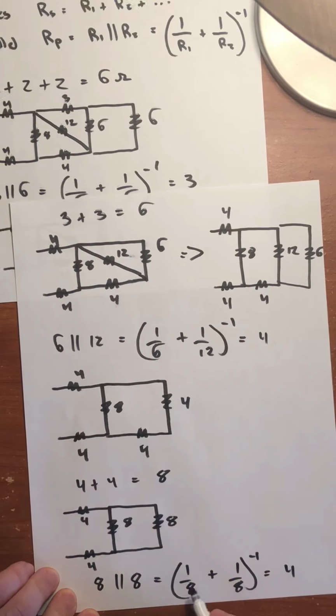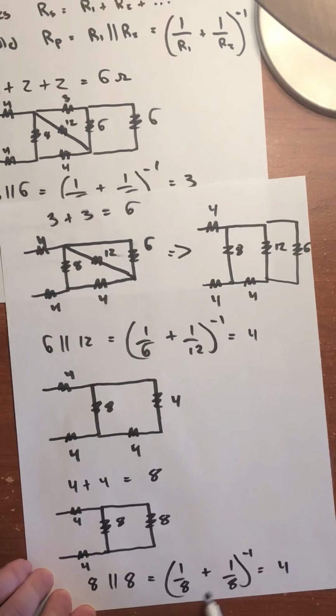A key point for a fast method: whenever you see two resistors with equal values in parallel, the parallel equivalent is half of that resistor.